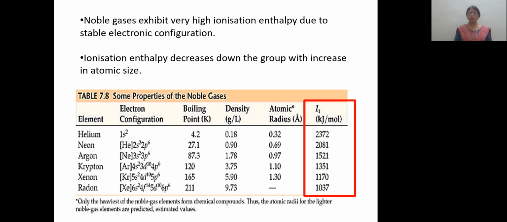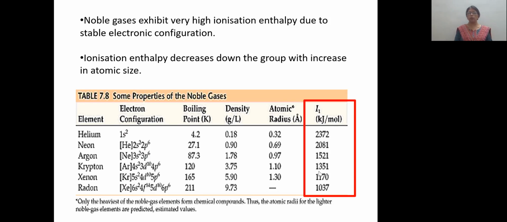So if you try to remove an electron, you have to give high ionization enthalpy. Just see the values of the ionization enthalpies which are given in kilojoules per mole. They are very high, but as we move down the group from helium to radon, there is a continuous decrease in the values of the ionization enthalpy.